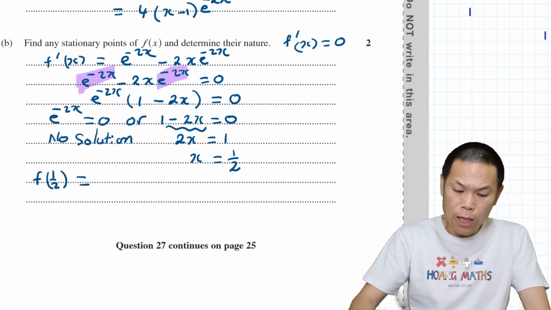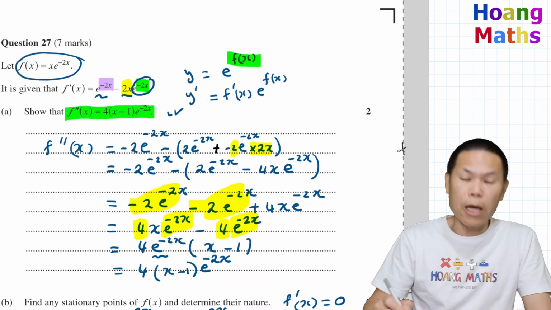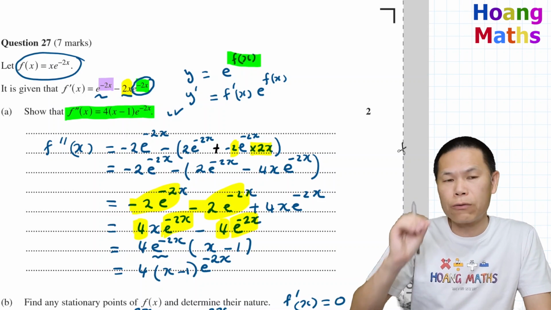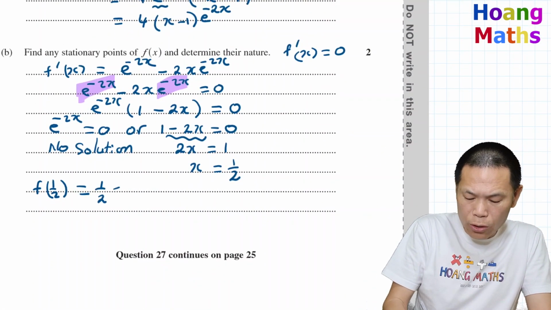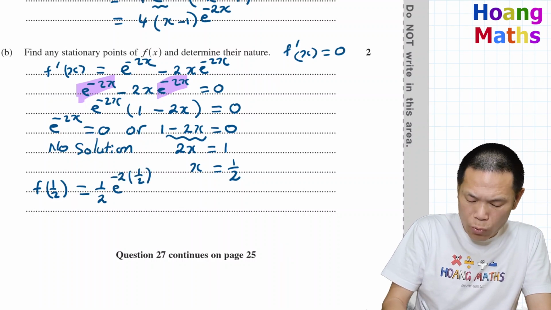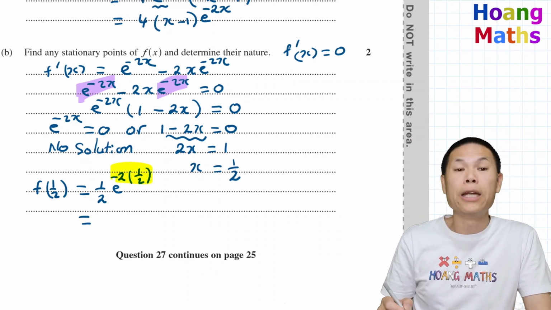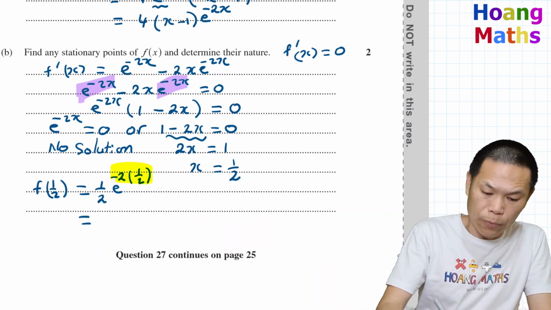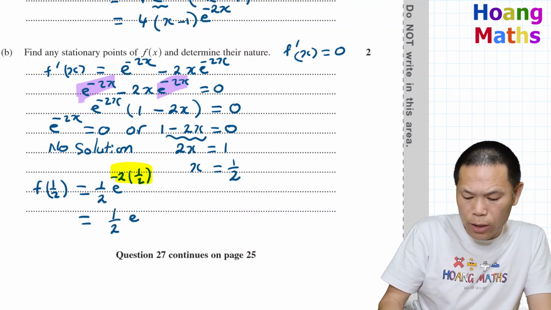So we know that f of x is this, so keep that in mind: x e to the negative 2x. So that will become a half e to the negative 2 times a half. These two here cancel out, which gives me negative 1, so e to the negative 1. That gives me a half of e to the negative 1.